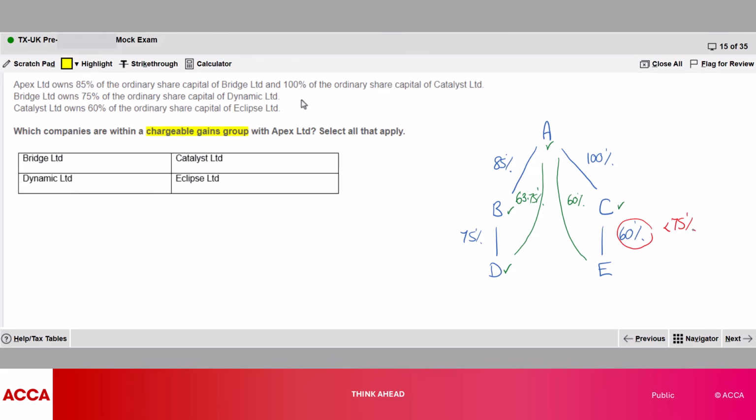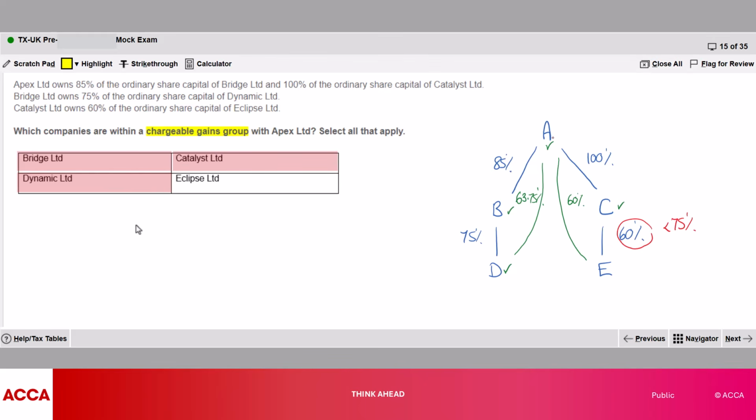And that means that unfortunately, E cannot be included in the same gains group as A. So our answer, B, C, and D can all be within a gains group with Apex.